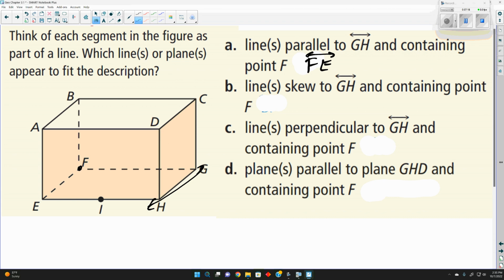So FH would not work. FB. FG would intersect it. FB.